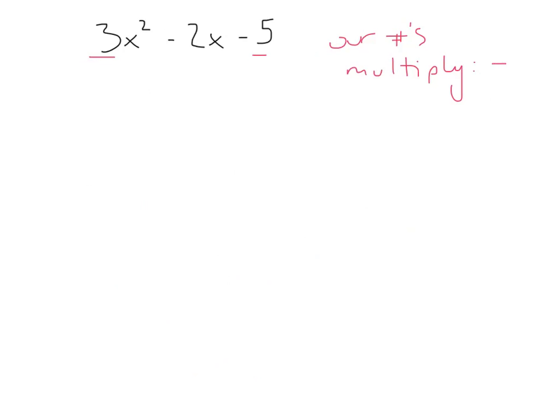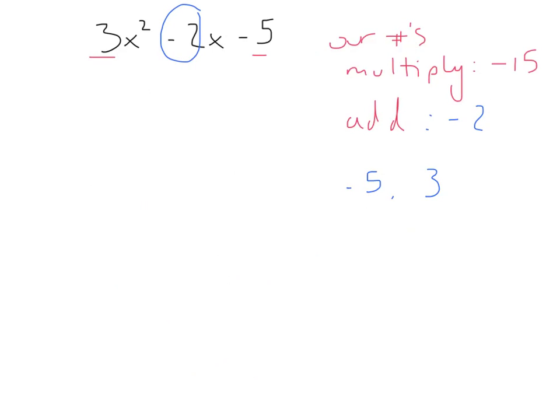Negative 5 times 3 is negative 15, and they will add to this middle coefficient right here, so they will add to negative 2. I want two numbers that multiply to negative 15 and add to negative 2. Those numbers are negative 5 and positive 3.